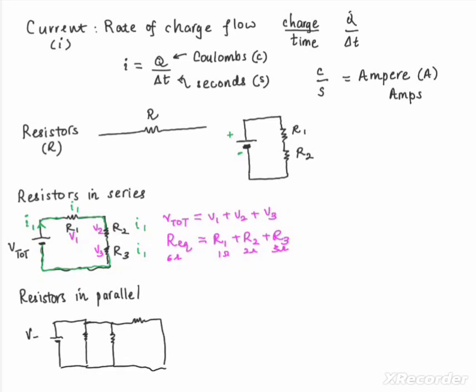So we have a V total. We have R1, R2, and R3. When I say in parallel, they do not have to be visually parallel. You see that R2 and R3 are not visually parallel, but they are in parallel.